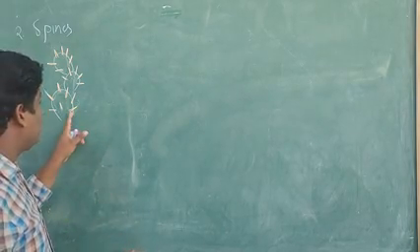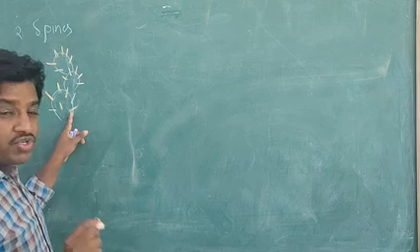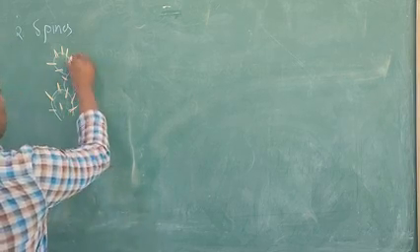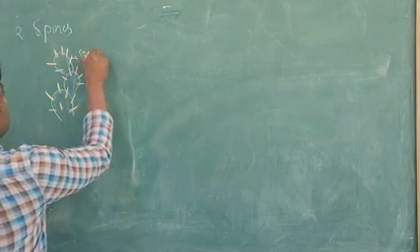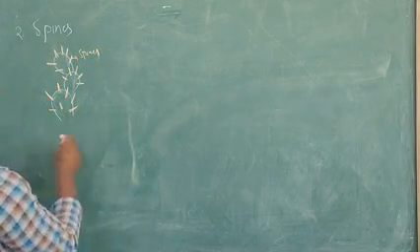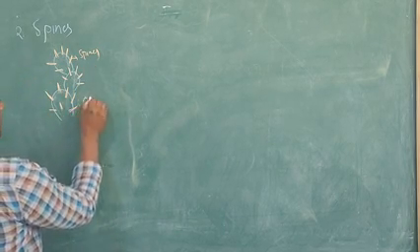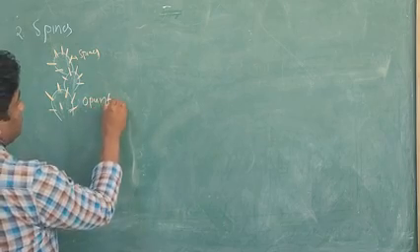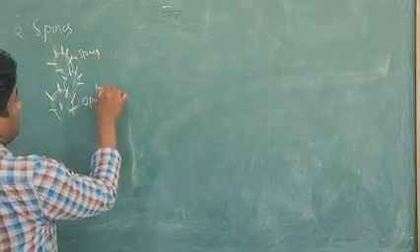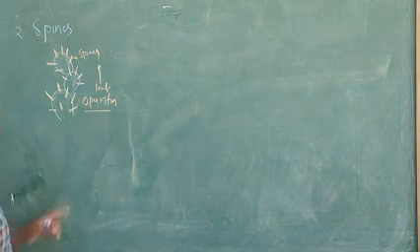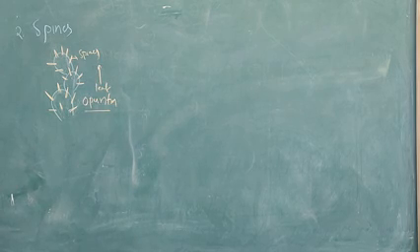But here the leaf is modified to form sharp pointed structures only. So these are called spines. Here the leaf is modified to form them. Example, here the Opuntia plant, the leaf is modified to form spines.